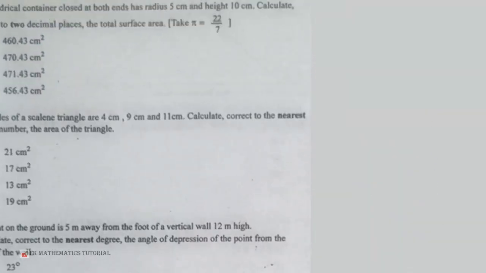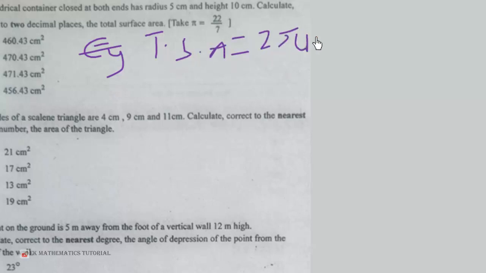Then we have question number 29 here. A cylindrical container closed at both ends has radius 5 centimeters and height 10 centimeters. Calculate, correct to 2 decimal places, the total surface area. So we know a cylindrical container closed at both ends has the total surface area 2 pi r times (r plus h). When you simplify the formula, that's what you get.